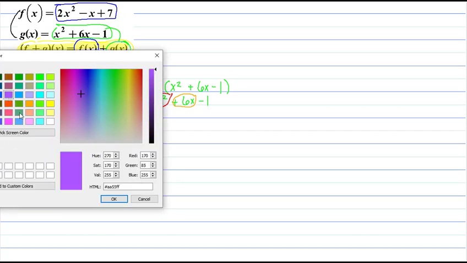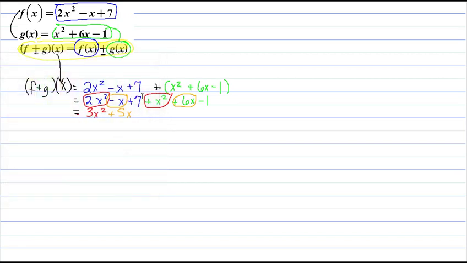And the last one I'm going to combine is my constants. Positive 7 plus a negative 1 gives me a positive 6. And so this is my final answer. So f plus g of x is 3x squared plus 5x plus 6.